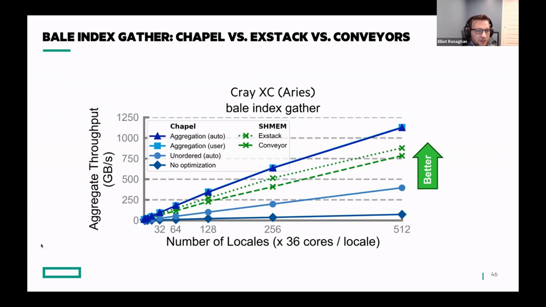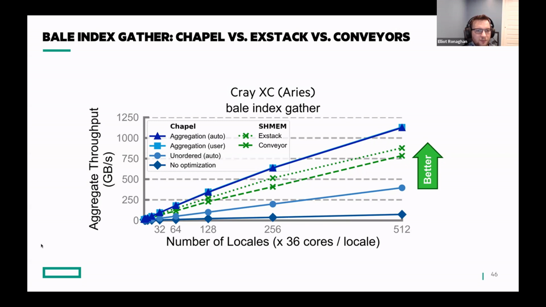So this is still a performance scalability graph, so higher is better. And we have the same blue lines we did for Chapel before, and what we've added in now is the SHMEM versions. So in this case, we see that Exstack, the dotted green line, performs better than Conveyors, the dashed green line. And this is a case where index gather is a relatively simple kernel, so the synchronous nature of Exstack allows it to have some additional optimizations.